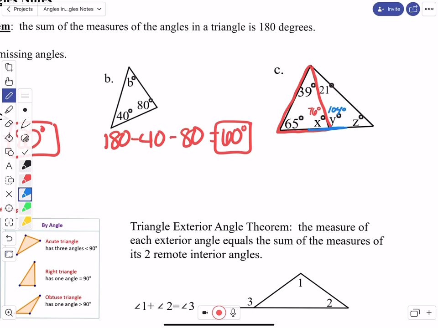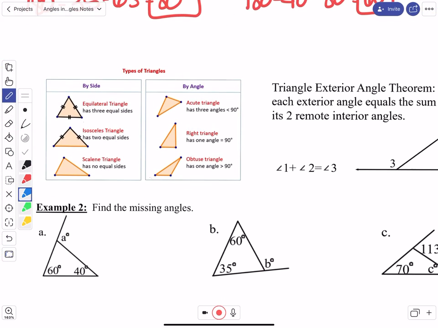So angle Y is going to be 104 degrees. Now, if we find the blue triangle right here, we've got two angles, and now we can do 180 minus 21 minus 104, and that's going to give us 55 degrees for angle Z. So that gives us those angles for that triangle.